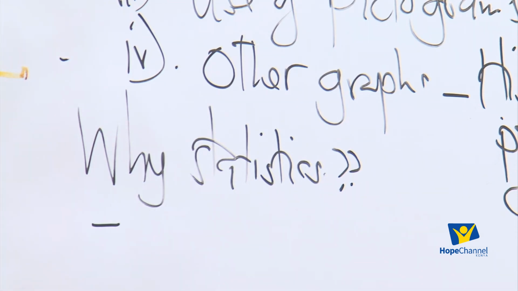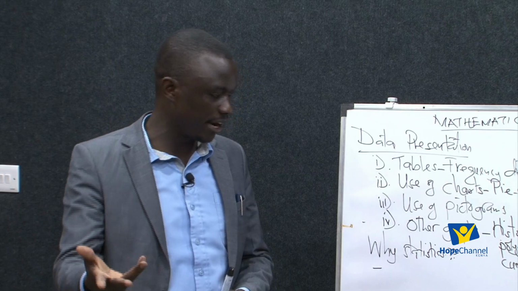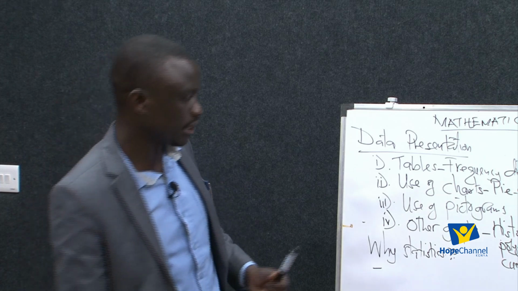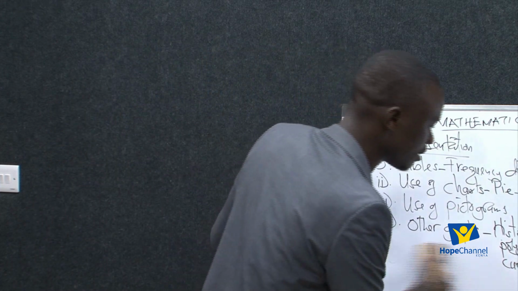Statistics is used in engineering, because they want to know which component is fitting here best. So statistics is applied everywhere. That's why you will find statistics being studied in all the courses that you will be doing even after your high school. So let's just move to the first part of this section.